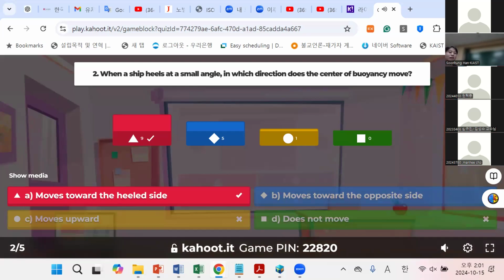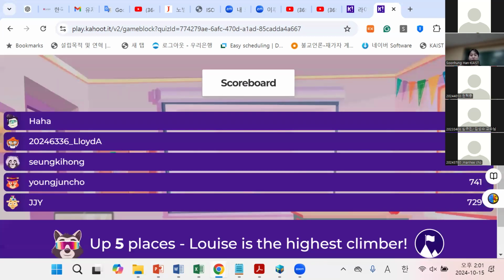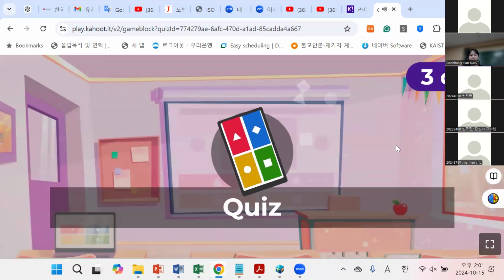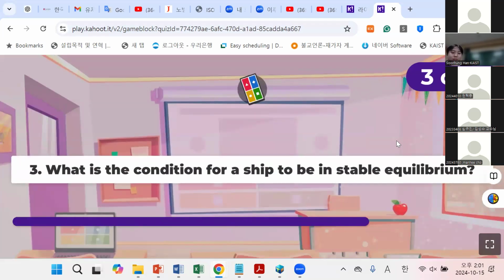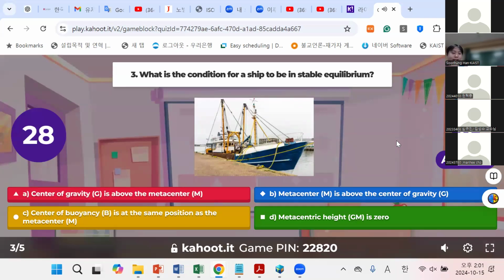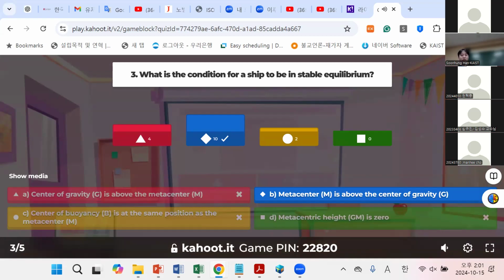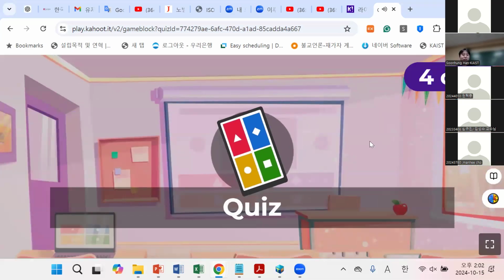Batteries move toward the hillside. Sorry, the data center is above the center of gravity. Next question.